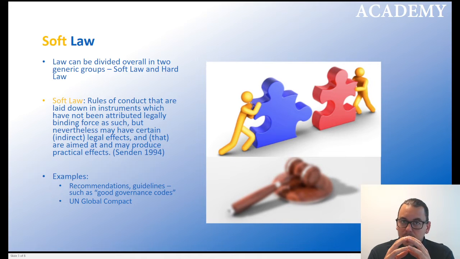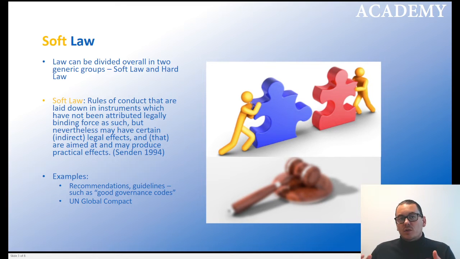But these are not binding. You don't have to do it. We don't have a 50-50 rule of male and female in executive boards as in Norway. It's not a general legally binding character. So that would be a soft law instrument.